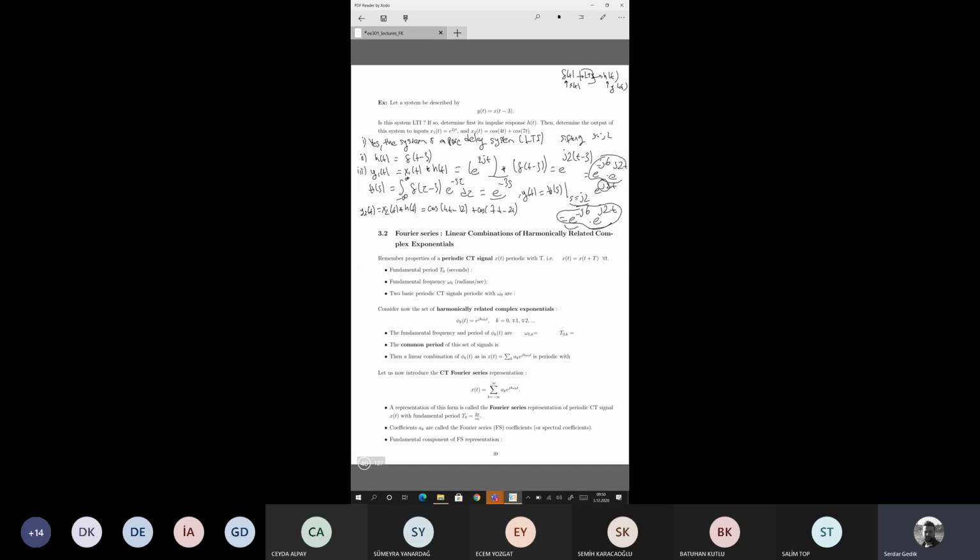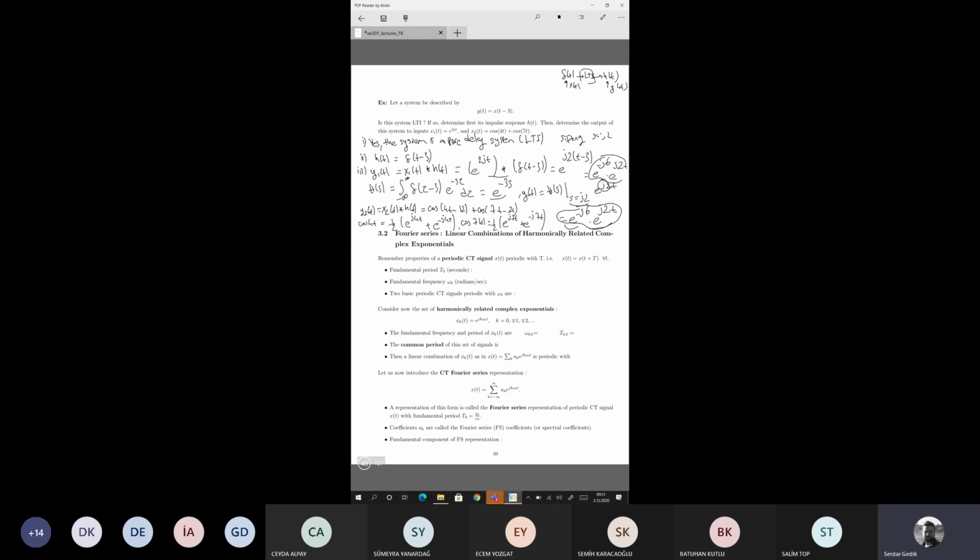And in the second way, I will use the eigenfunction and eigenvalue property. To do this, first I will write cosine 4t and cosine 7t in terms of complex exponentials. So I know that cosine 4t is nothing but 1 over 2 times e to the power j4t plus e to the power minus j4t. And I know that cosine 7t is simply, again, 1 over 2 times e to the power j7t plus e to the power minus j7t.